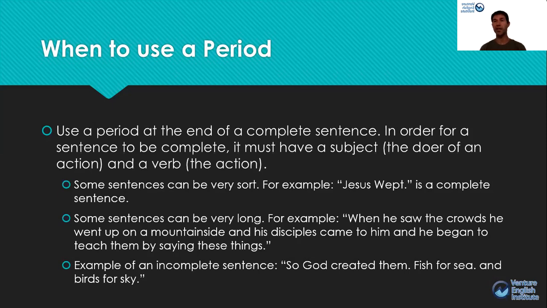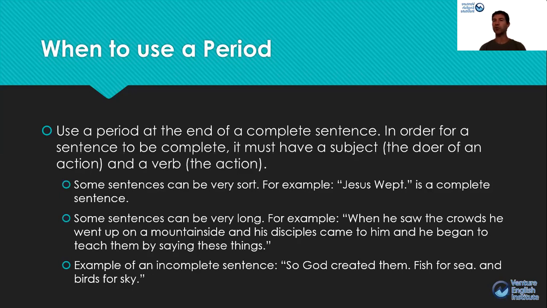So fish for sea, there's no action in that sentence, so it's an incomplete sentence. And the same with birds for sky. And actually, the first sentence, so God created them, is a complete sentence. It's just not a very good one because without the context of what's happening around it, it becomes very hard to distinguish what's going on there.